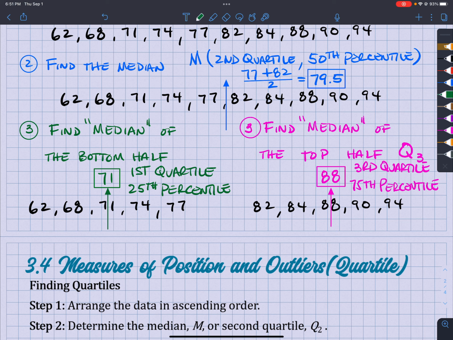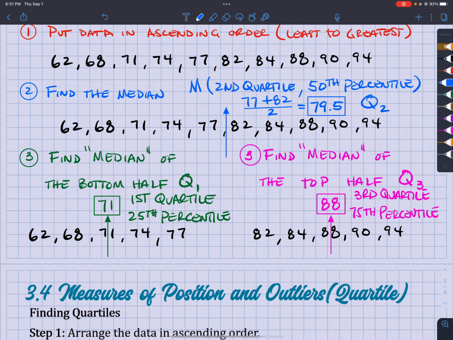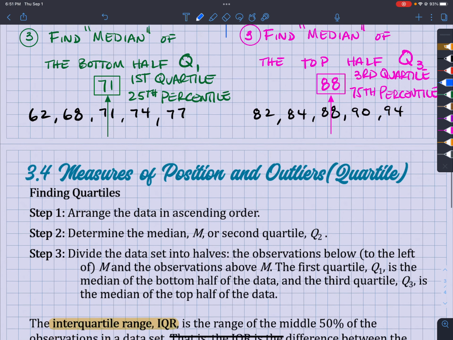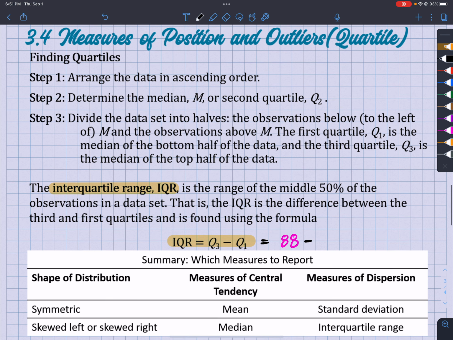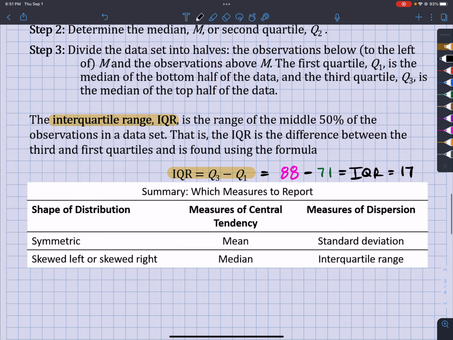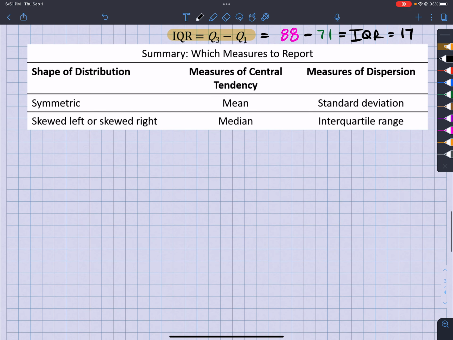My first quartile is known as Q1, and my second quartile is known as Q2. So my Q3 is 88. My Q1 is 71. So the IQR is equal to 88 minus 71, which is 17.